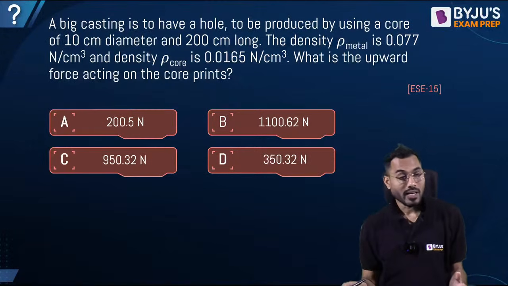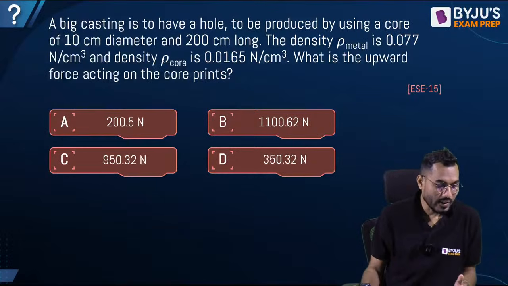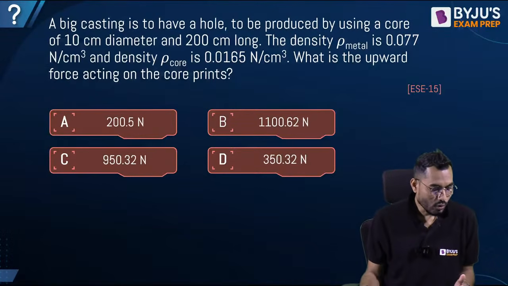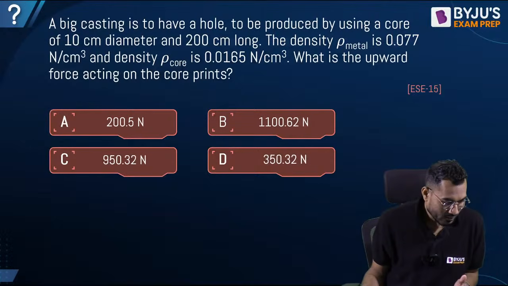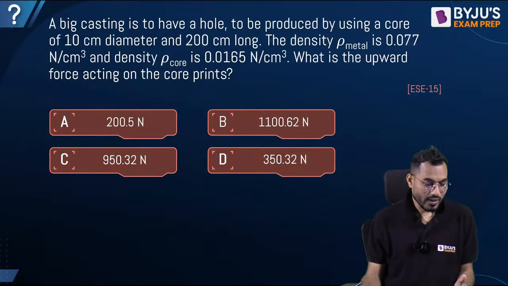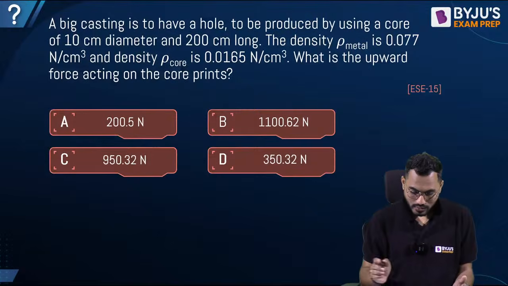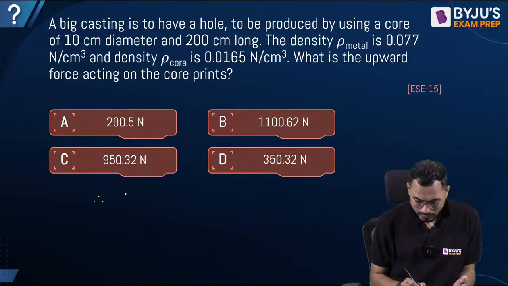Can somebody calculate and tell me how much force is acting on the core? Mohit Gupta, 950.33. Yes, absolutely correct. So how exactly is it calculated? You tell me the formula.